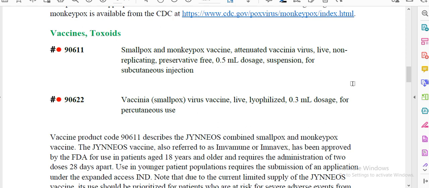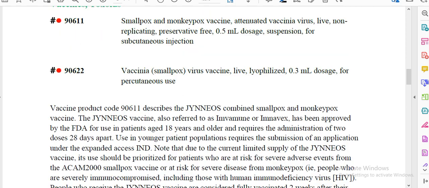Here we have a few more codes for vaccines or toxoids. 90611, smallpox and monkeypox vaccine, attenuated vaccinia virus, live, non-replicating, preservative-free, 0.5 mL dose, suspension for subcutaneous injection. So they are going to use this as a subcutaneous injection. 90622, vaccinia smallpox virus vaccine, live, lyophilized, 0.3 mL dosage, for percutaneous use.